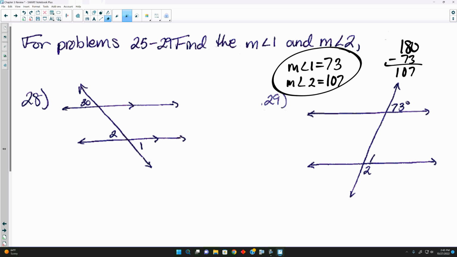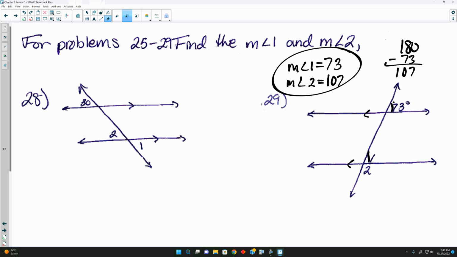Questions on this here? Mm-hmm. Congruent. So here, these are parallel, otherwise this wouldn't work. So when I look at 73 and angle 1, we can look at those first. Are they corresponding angles?